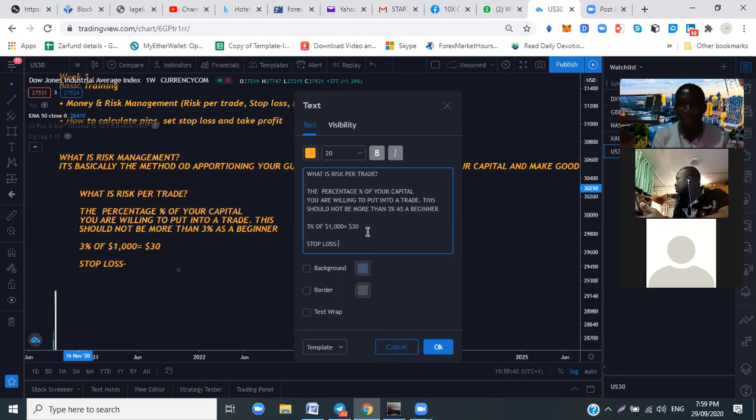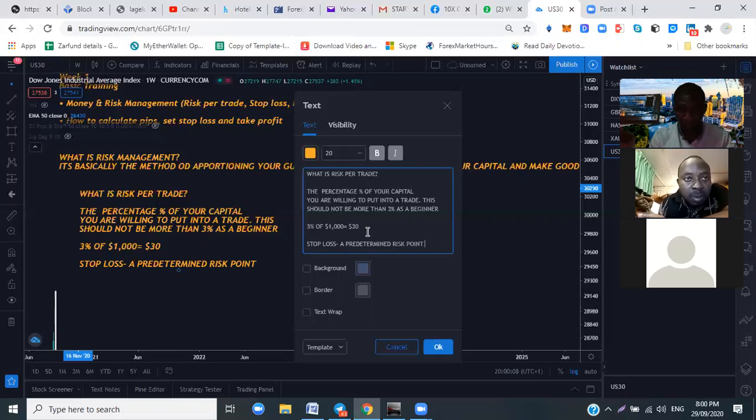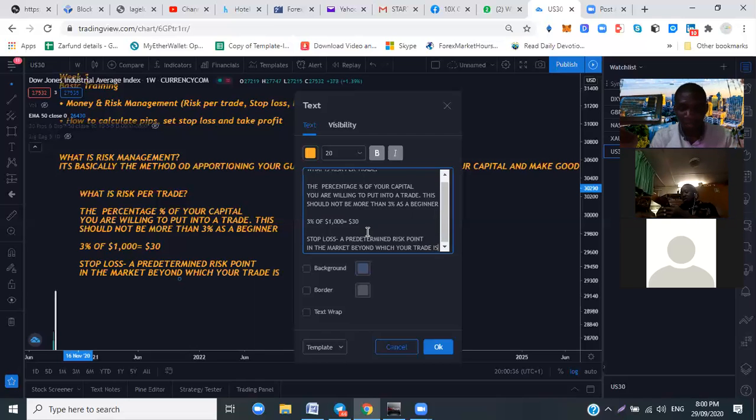Stop loss. So now, stop loss is a predetermined risk point in the market, beyond which your trade is not allowed to continue.